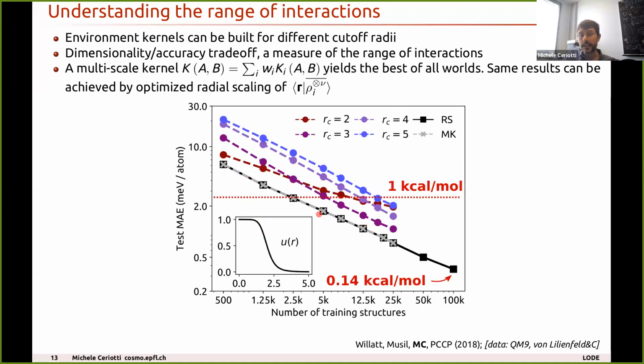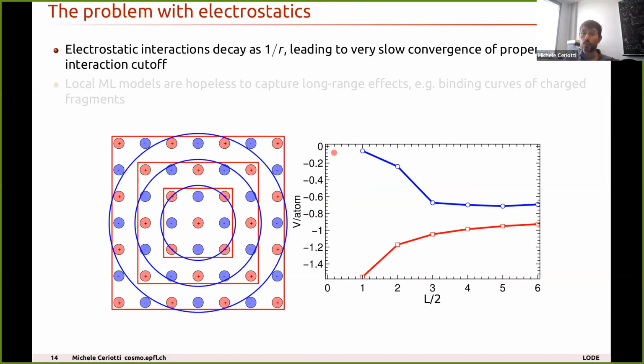And the problem is that, for covalent bonds and small molecules, you actually can get away with taking like a 5 angstrom cutoff and potentially combining models with different length scales to get some sort of multi-scale nature of the model. But when you want to do this for a system that is dominated by electrostatics, it's basically hopeless, because electrostatics is 1 over R, and it basically never converges.